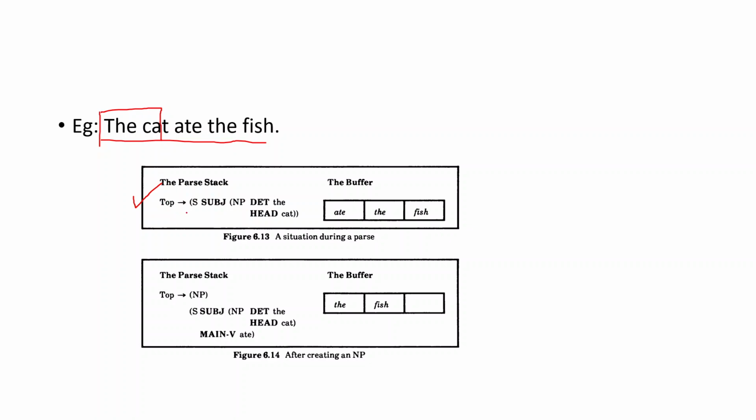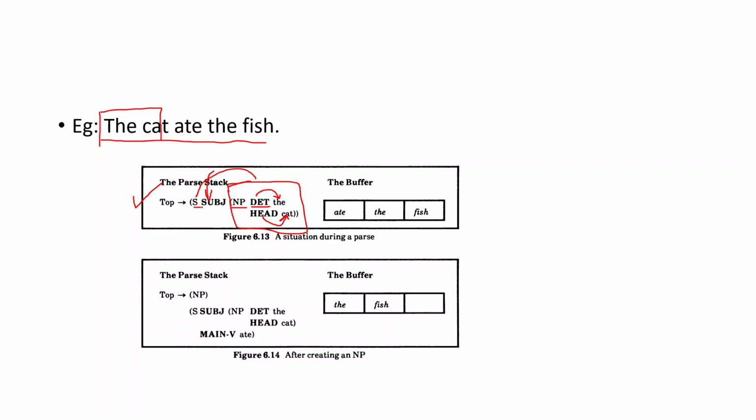So on top of the stack you have this noun phrase, which has already been parsed, and corresponding to the noun phrase you have features or registers with values. The determinant of this noun phrase is "the", and the head of the noun phrase is "cat". This information was attached earlier, and this whole noun phrase is another register, or a feature, which is attached to the subject feature of the sentence.